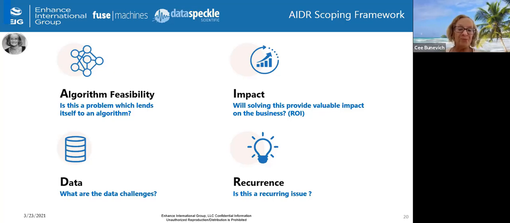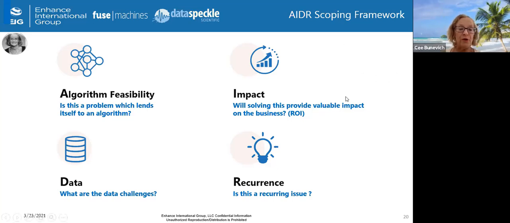So first of all, we have to find out if there are algorithms that will help with this problem. And typically we're using open source algorithms and customizing them. And today there are lots and lots of algorithms to choose among. So that's number one, algorithm feasibility.